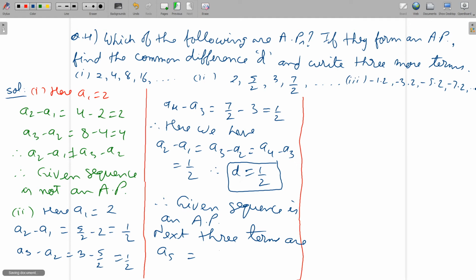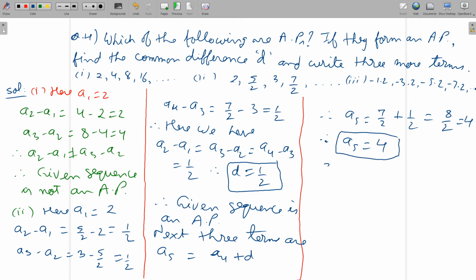In A4 you add the value of D, that is A4 plus D. So A5 is equal to A4, which is 7 by 2, plus D, which is 1 by 2. So 7 by 2 plus 1 by 2 is 8 by 2, and that will give us 4. Therefore A5 is equal to 4.